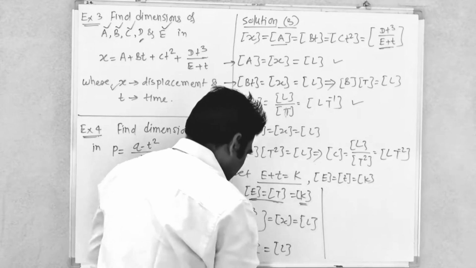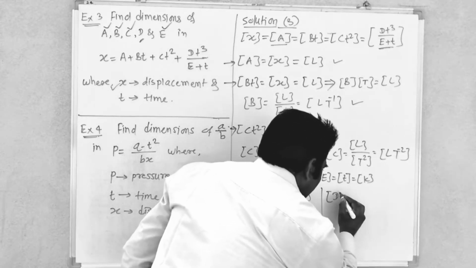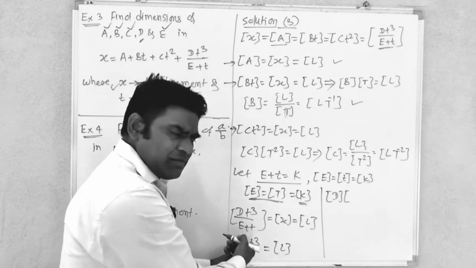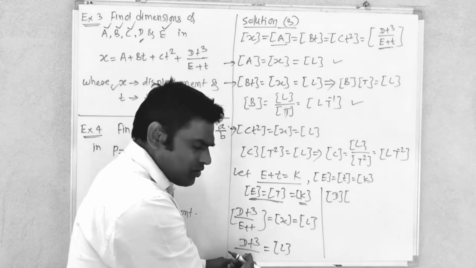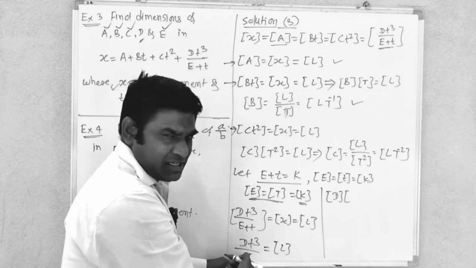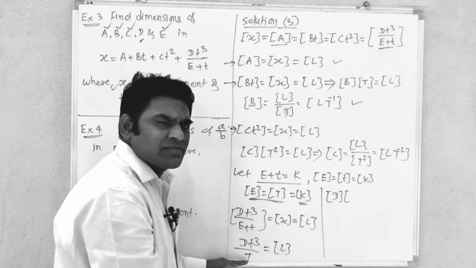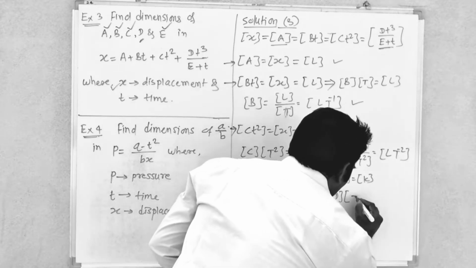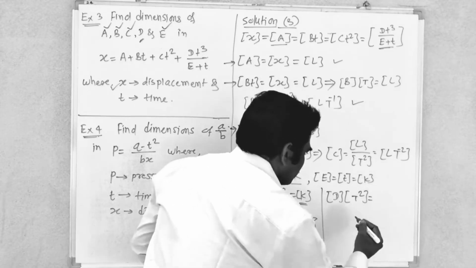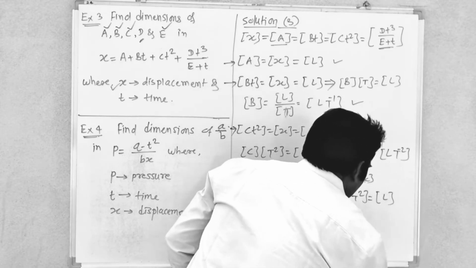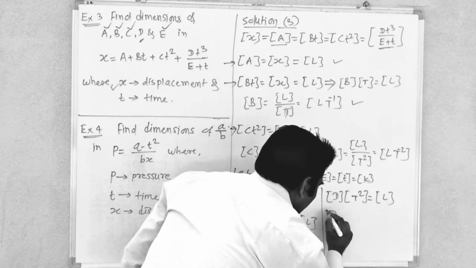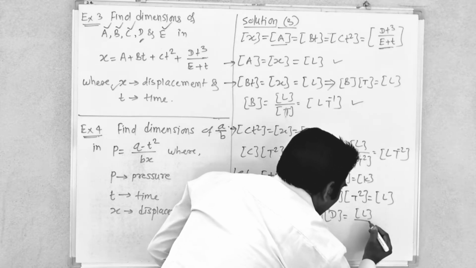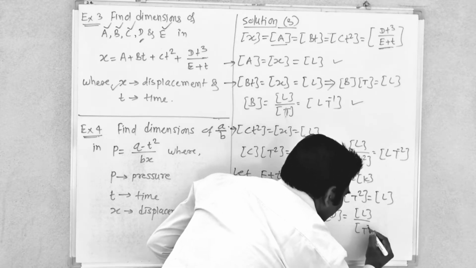So this dimension of D into dimension of T cube, T means time, so T cube, and this is in the denominator T raised to 1. So 3 minus 1, 2. So T to the power 2 is equal to L. So ultimately dimension of D is equal to this L divided by this T square.